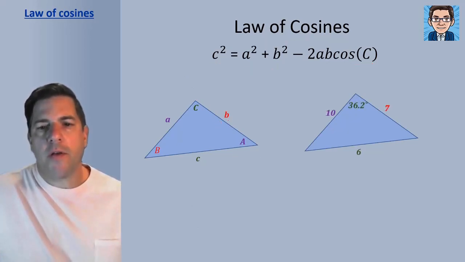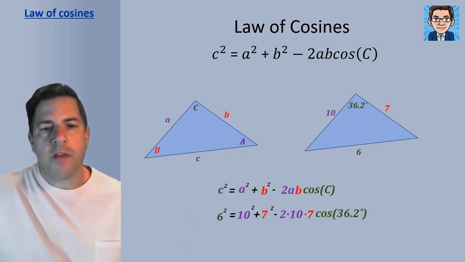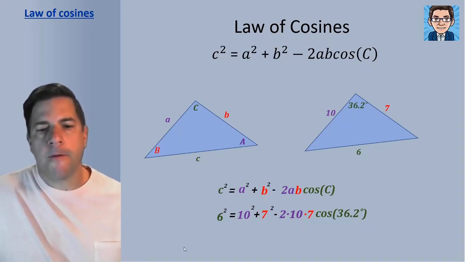If we had this triangle here and we put it into the equation, we get c squared, which is 6 squared, and if we calculate the right side of the equation, we get that they're both equal to 36.